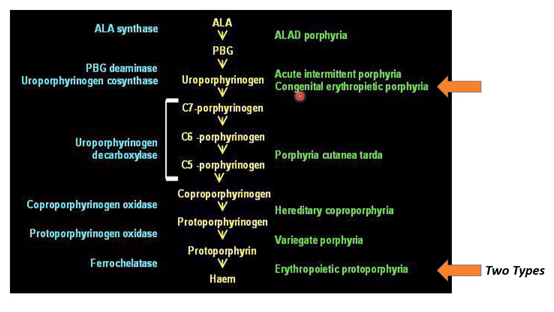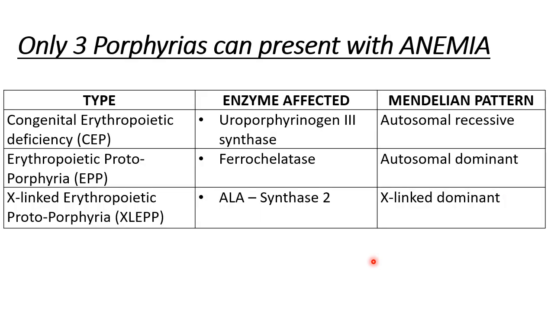Unahin natin itong CEP or congenital erythropoietic porphyria and erythropoietic protoporphyria, which has two types. So tatlo lang sa mga porphyria yung related sa anemia. Okay? So ito yung mga yan. Balikan natin yung EP natin, no? Erythropoietic protoporphyria. So dalawa yung types ng mga yan, no?